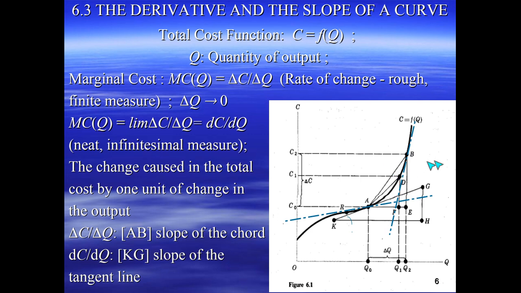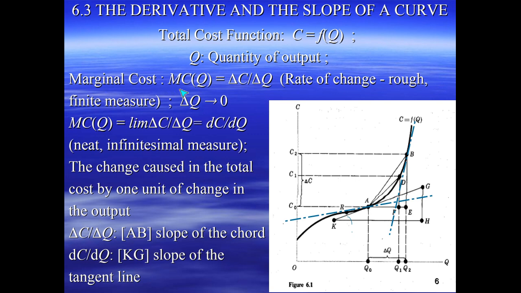But here, the authors preferred to tell the same story with an economic example. The total cost function, which is the cost of producing or selling something, is C equals f of q. This is a total cost function in terms of the quantity produced or quantity sold of a good. Q is the quantity of output, whatever we produce or sell.